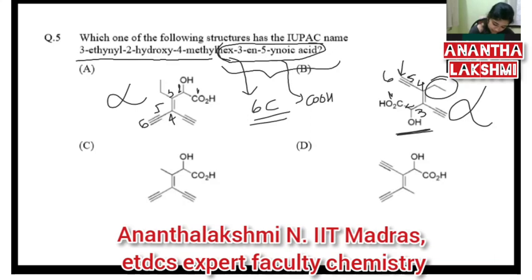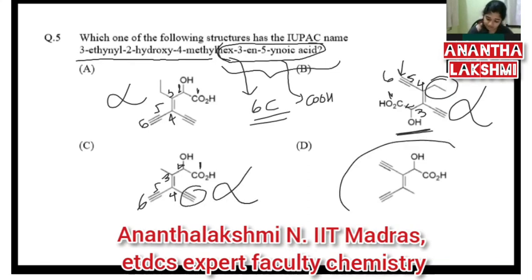Now C, number it again. 1, 2, 3, 4, 5, 6. Again, we have hydroxy at 2. We have 3-ene, 5-yne, but again, this methyl is the problem. We have to have a methyl at 4, but we have something else. So this is also wrong. Okay, now basically it boils down to only one option, which is D. But then let's make sure of this case too.